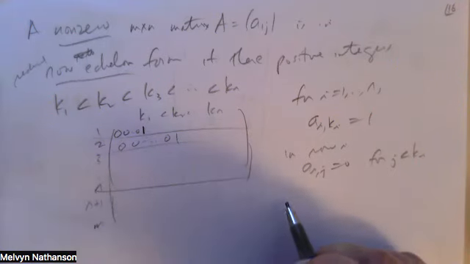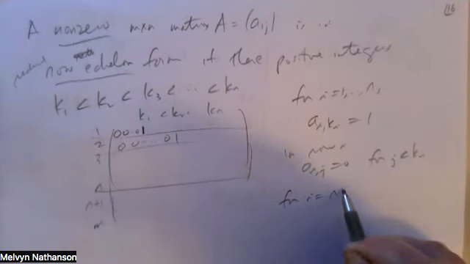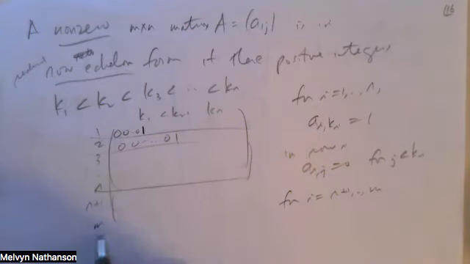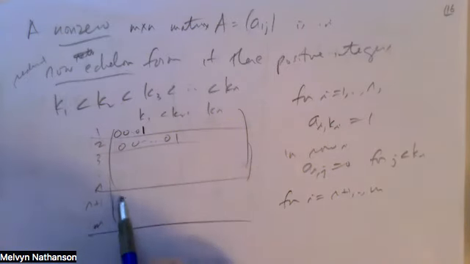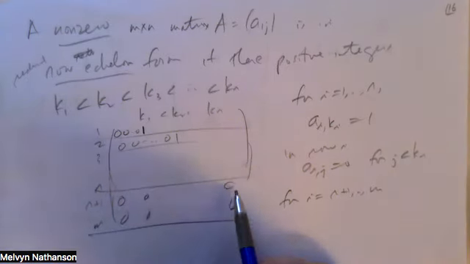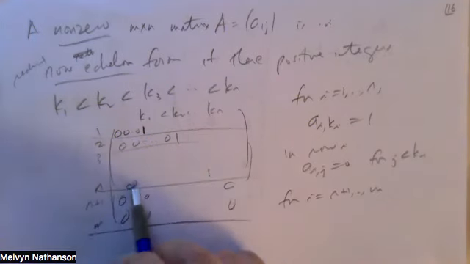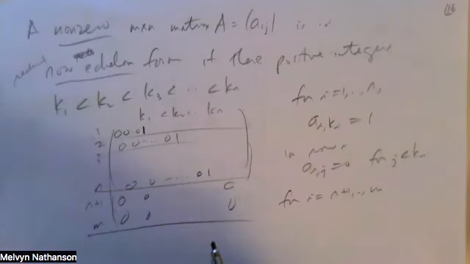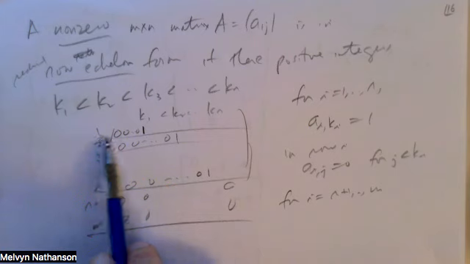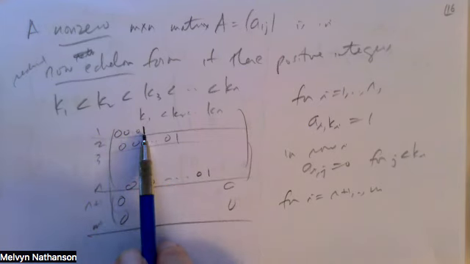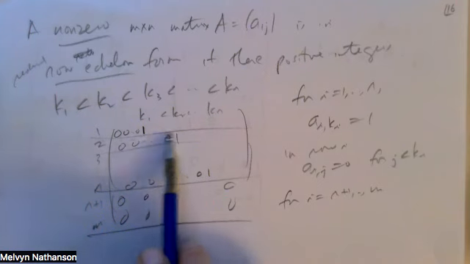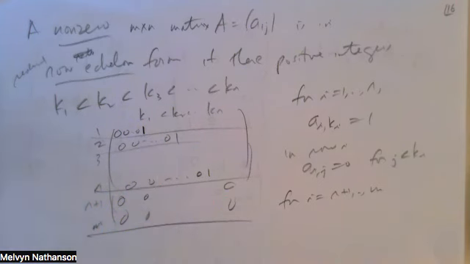And for I going from R plus 1 up to M, in all the bottom rows, these are all zeros. So all your zero rows are at the bottom, and in the non-zero rows, as you go from left to right, the first non-zero number you see is a 1. And these 1s are moving to the right as you go down.